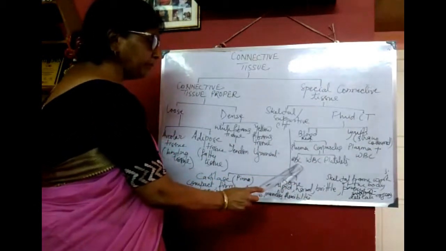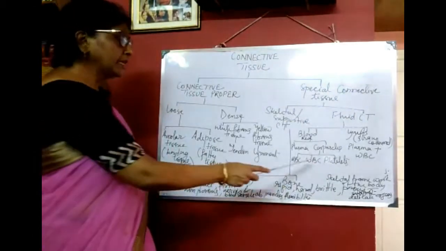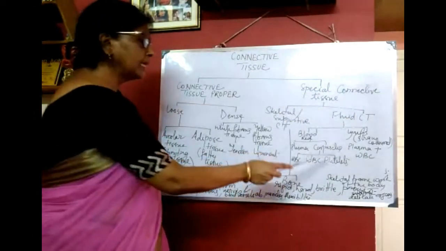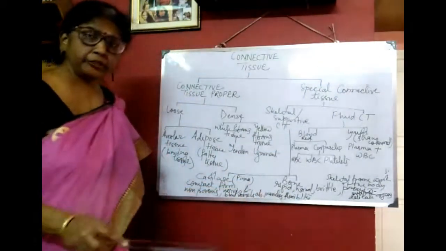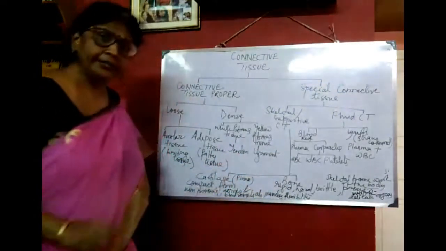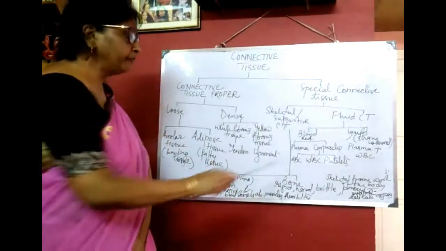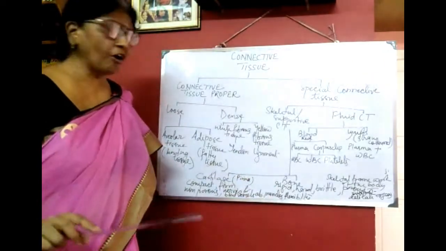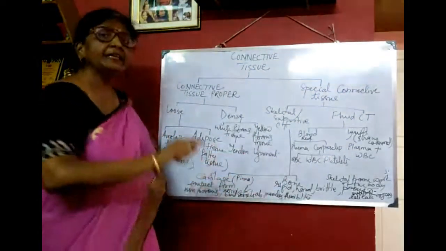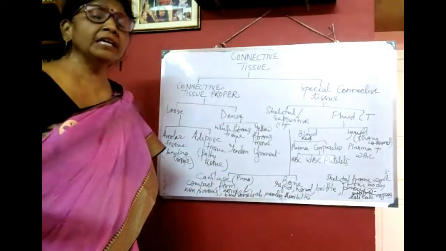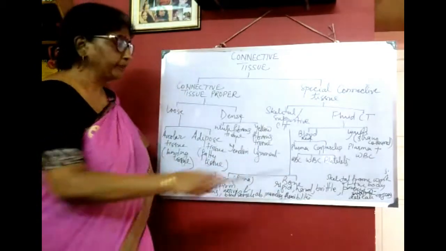Corpuscles are of three types: RBC, WBC, platelets. RBC, red blood corpuscles. WBC, white blood corpuscles. Platelets are also called thrombocytes. RBC are erythrocytes, WBC are leukocytes. Erythrocytes, that is RBC, are biconcave, WBC are amoeboid, platelets are disc shaped. RBC are devoid of nucleus in the matured state, that means it is enucleated.